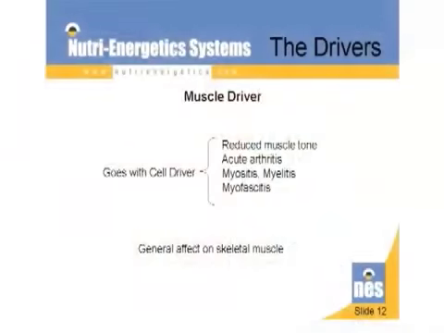Now we need to talk about muscle driver, which is slide 12. It refers to striated muscle or skeletal muscle only, not to cardiac muscle. Heavy metals have an affinity with the stomach lining, and cadmium in particular. There are matches to certain types of diseases here, which you should remember. Reduced muscle tone, arthritis as a number one treatment, use muscle driver.